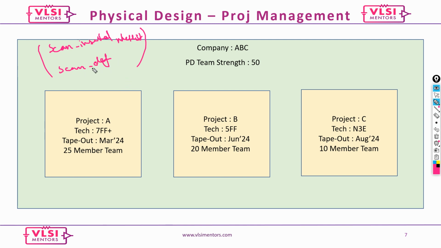And then test mode constraints, test SDCs. For example you may have scan shift, scan capture, scan at speed. So these are all the different test SDCs that you get from the DFT team. So that is the answer for that question.